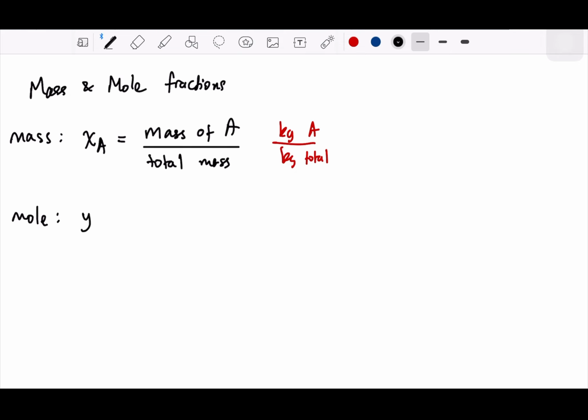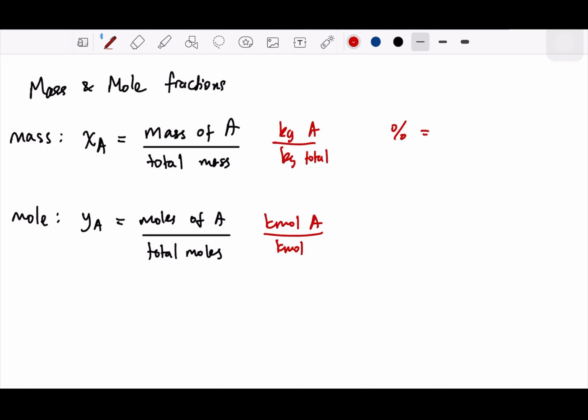Usually it is written as Y with A, so this will be moles of A divided by total moles, kilomoles of A over kilomoles total. And of course, if you are writing in terms of percentage, then this will be 100 XA, and this will be 100 YA, right?